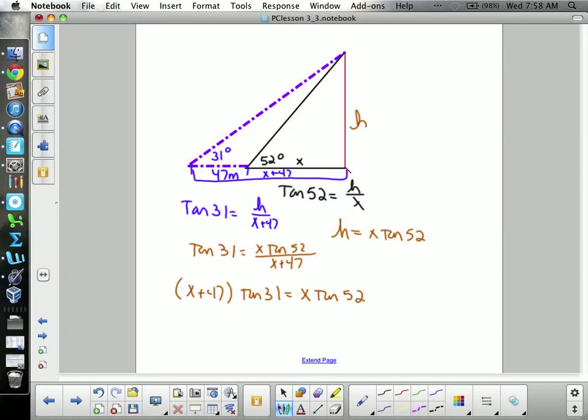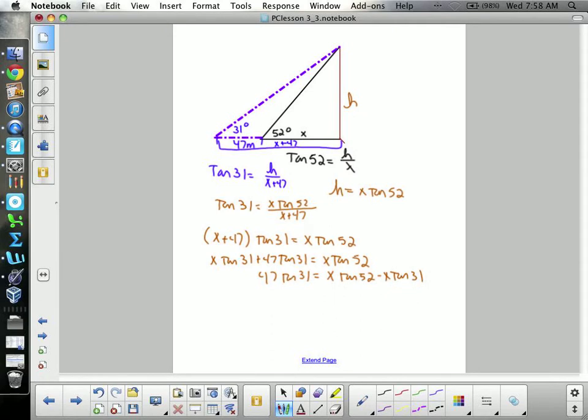And now, once we get here, you start seeing the algebra. x tan 31 plus 47 tan 31 equals x tan 52. Bring the x's to the same side to get 47 tan 31 equals x tan 52 minus x tan 31.